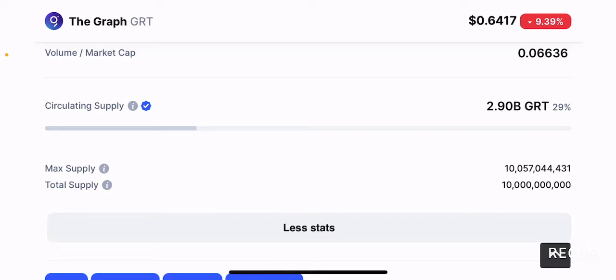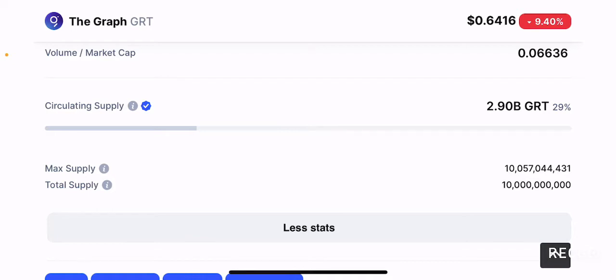So you can definitely expect some inflationary price slumping, because people will literally dump their tokens after they get the reward, and obviously they have to pay for the cost of living and all that. So I think people will literally dump this token as they receive this reward, especially the indexers and the curators as well as delegators, right?